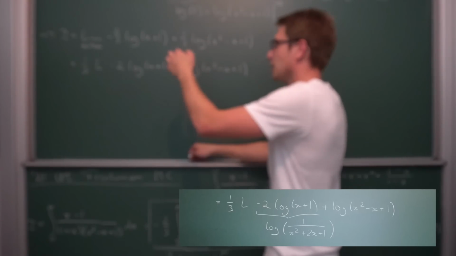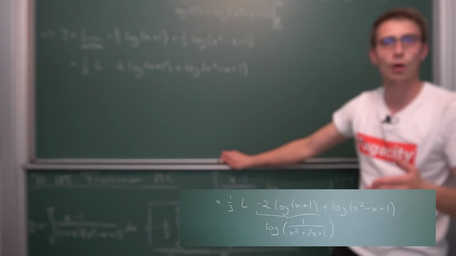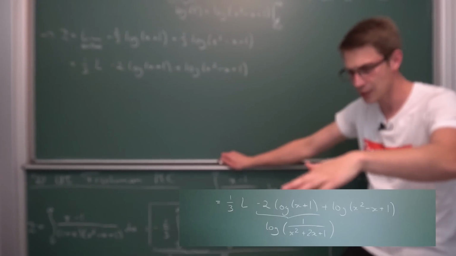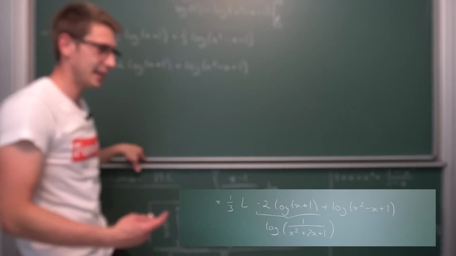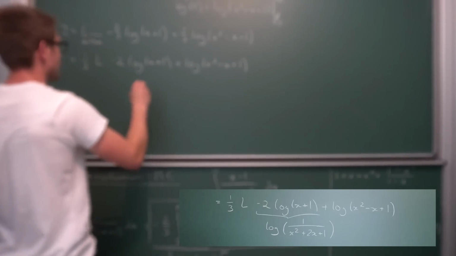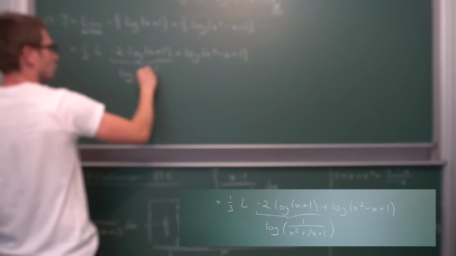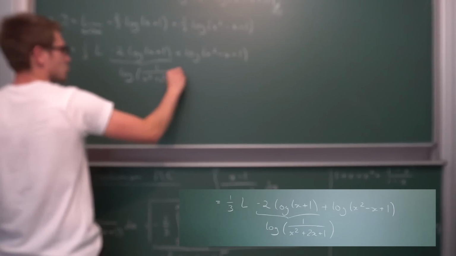Now, if we have negative 2 times the log of something, this is the log of the something to the negative 2nd power. So 1 over the something squared. The something squared, x plus 1, is x squared plus 2x plus 1, but just in the denominator. Meaning this part right here is just the natural log of 1 divided by x squared plus 2x plus 1.